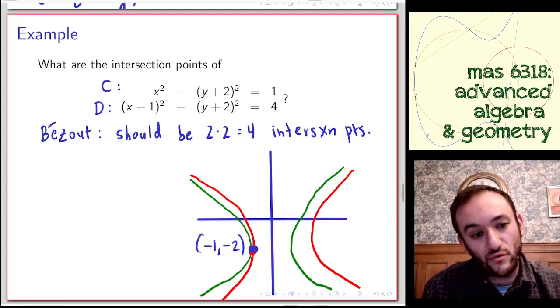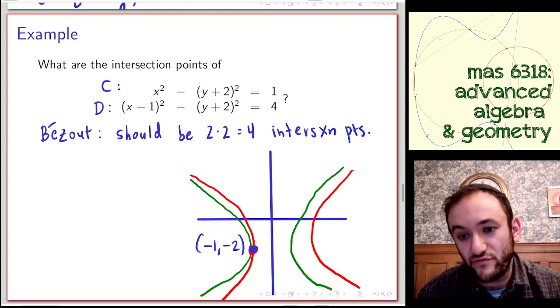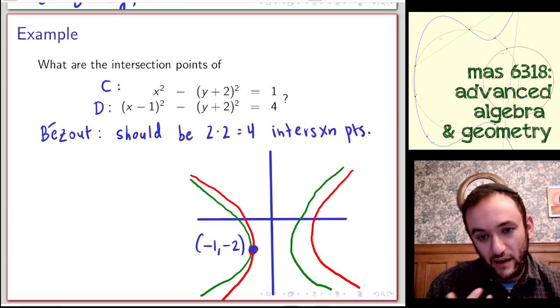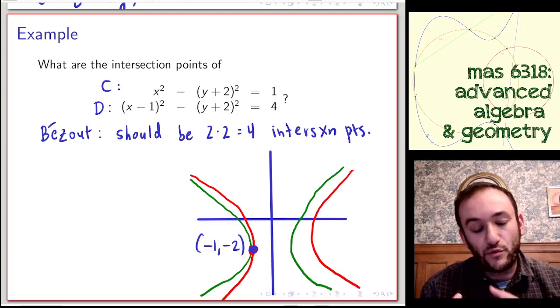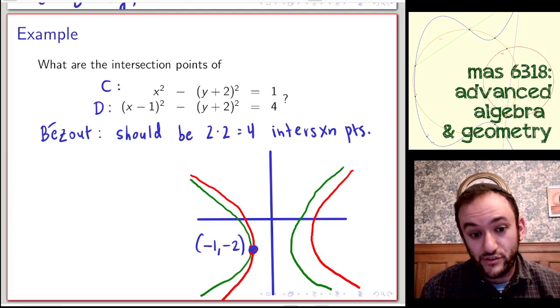And so when we have only one intersection point, but we're supposed to have 4, that should tell us something is wrong. But we know that we're not accounting for everything yet, right? We're not accounting for complex, we're not accounting for projective, and we're also not accounting for intersection multiplicity.